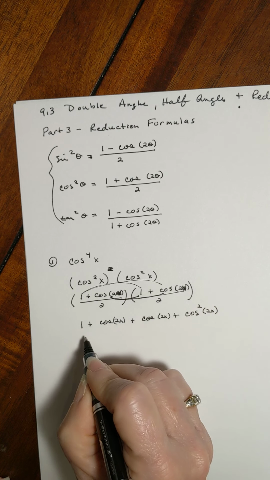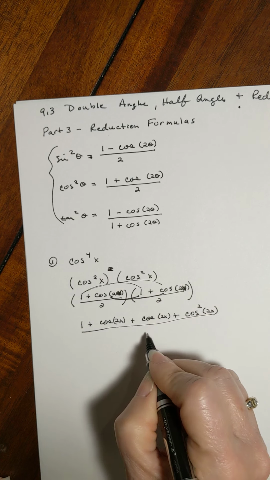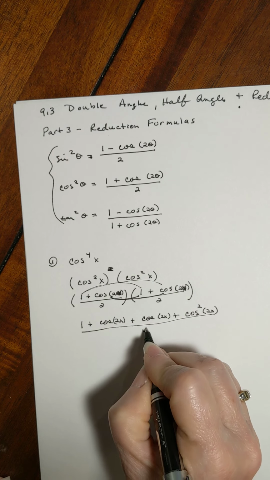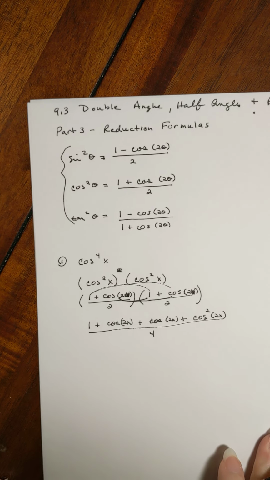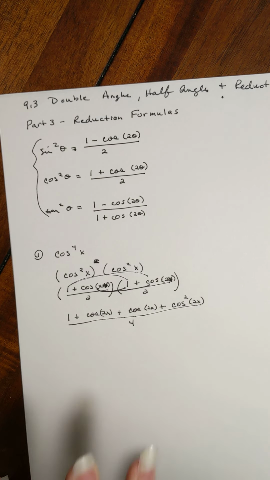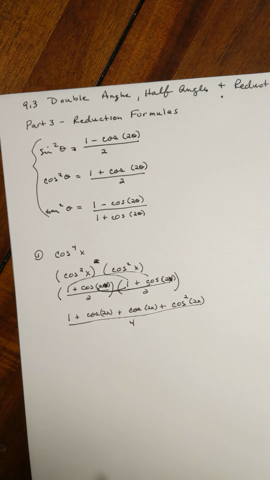And that would all be over 2 times 2 is 4. So all I'm doing is I'm using my formula and then I FOIL it out.